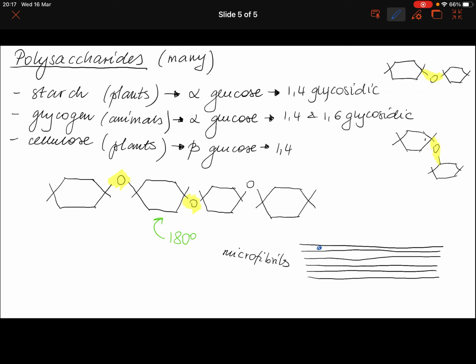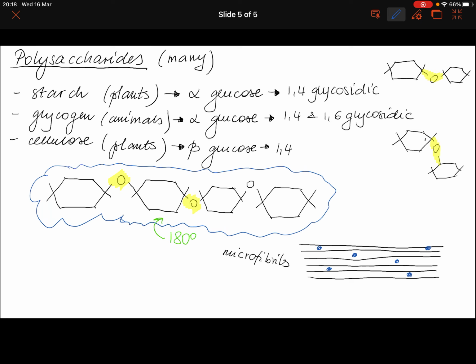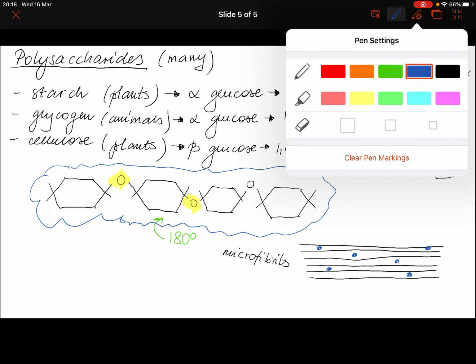Those microfibrils are then held together by the presence of hydrogen bonds. So that structure provides the strength and support and allows the chain, as we've discussed previously, to be straight, allowing formation of the plant cell wall.